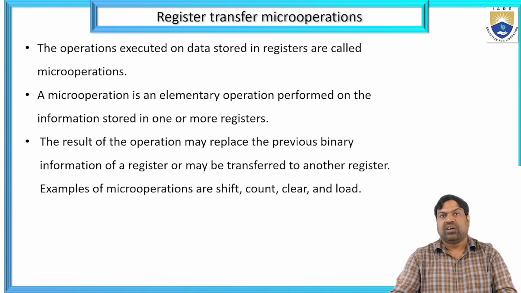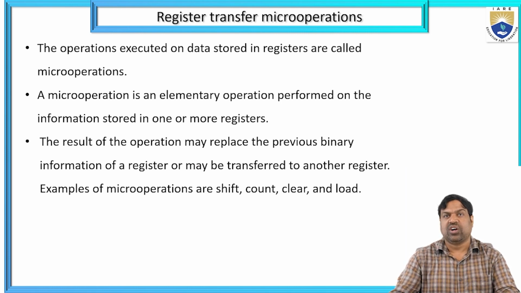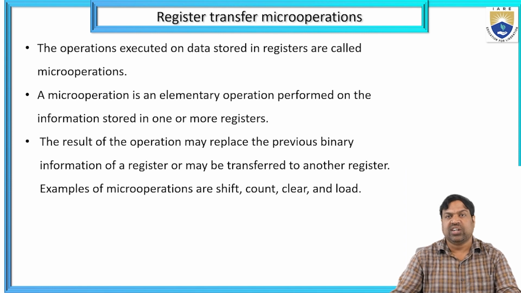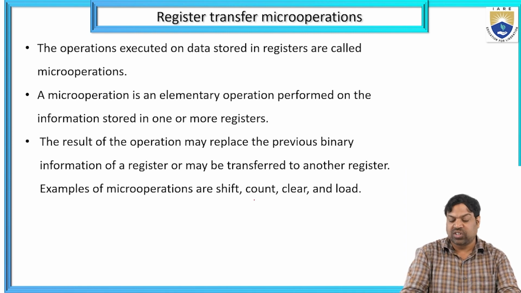The operations executed on data stored in registers are called micro operations. A micro operation is an elementary operation performed on the information stored in one or more registers. The result of the operation may replace the previous binary information of a register or may be transferred to another register. Examples of micro operations are shift, count, clear, and load.